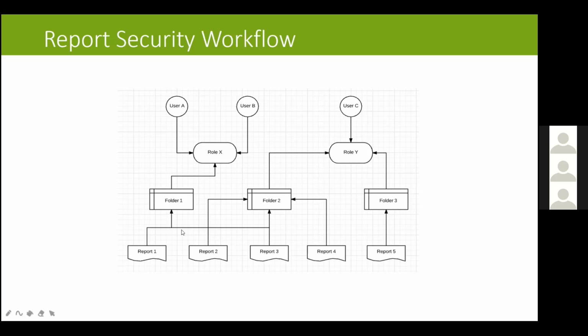A folder can have many reports in it, and if a role is associated with a folder, then all the users having that particular role will have access to the folder. A role can be mapped to a single folder or multiple folders. The same is true for the folder as well: a folder can have multiple reports associated with it, single or multiple.